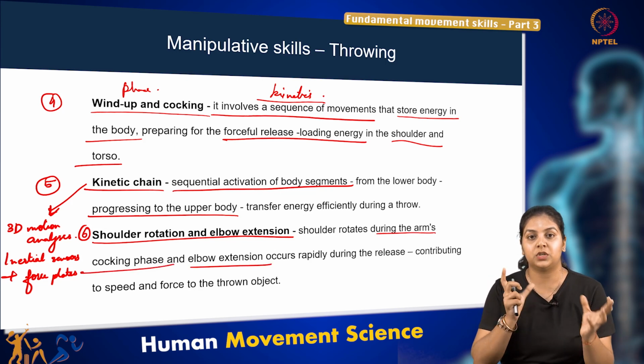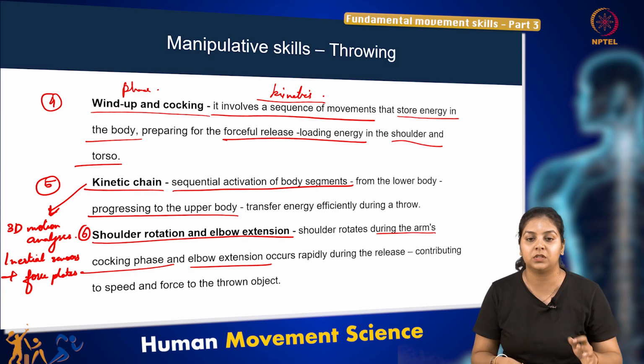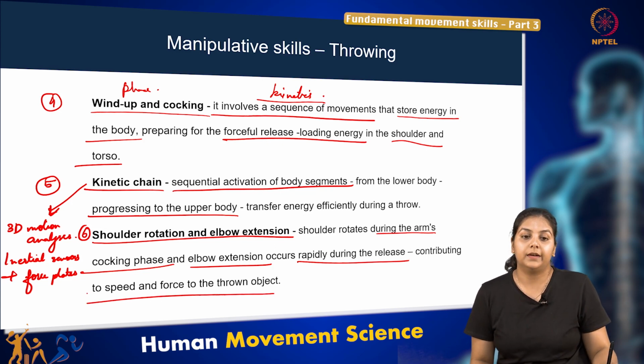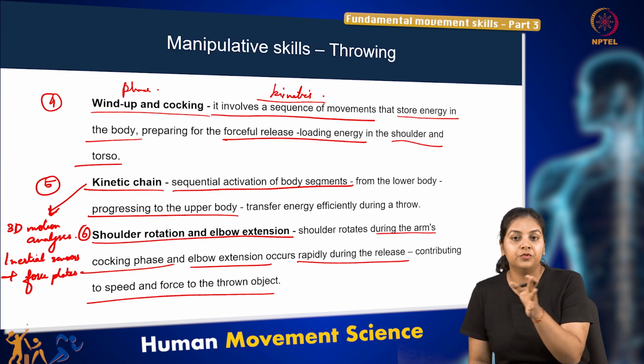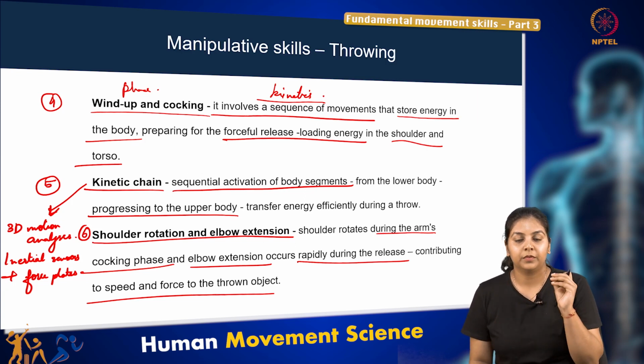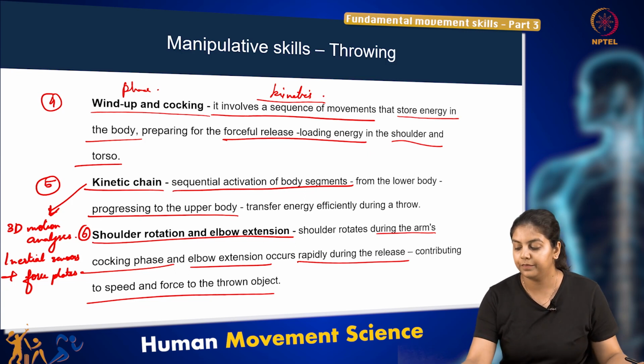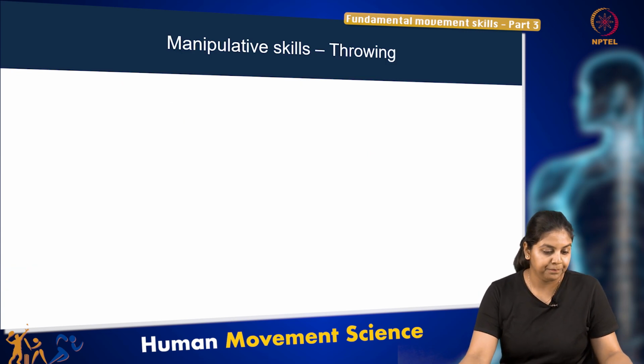So as you rotate, the elbow is extending to produce the throw or to rapidly release. So that is contributing to the speed and force that is thrown into the object. So the sequential movement that is happening from your lower body to your upper body needs to be, in short, studied.